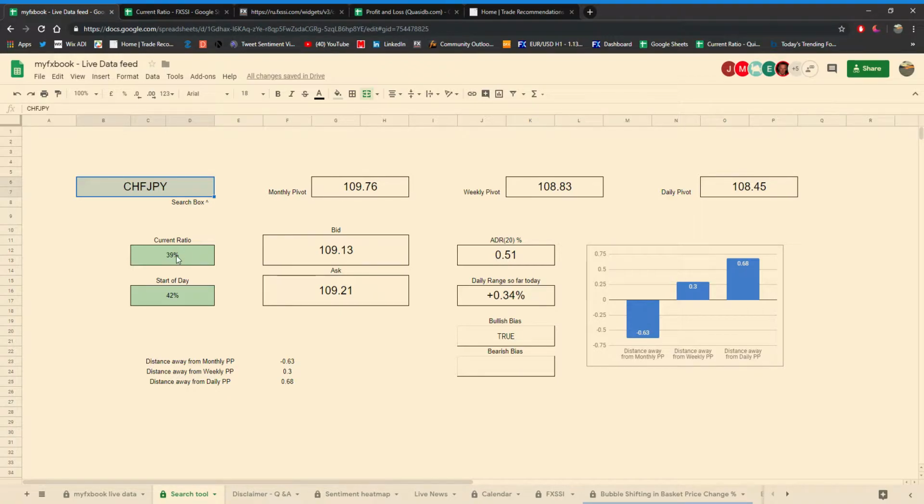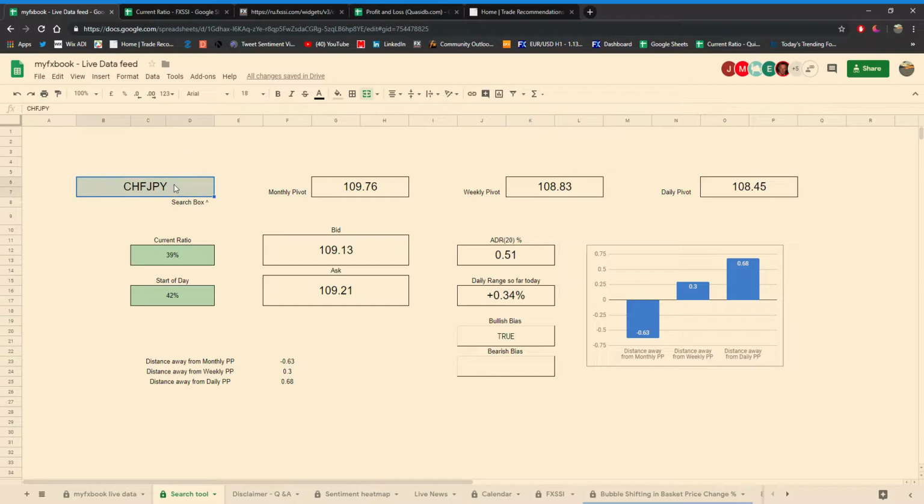It examines that field, this one, that one, and then that one. So obviously if it's gone in plus in the day, and it's a buy on the ratios, and that's the bias. This is just a little graph to show you how far away we are from the pivot points. That's what the PP means.